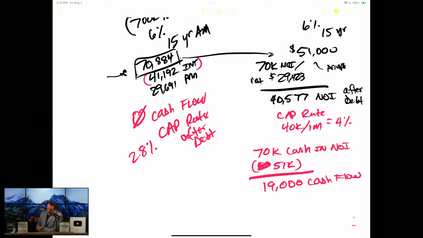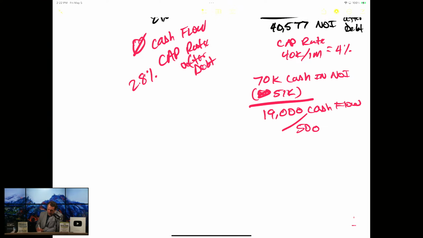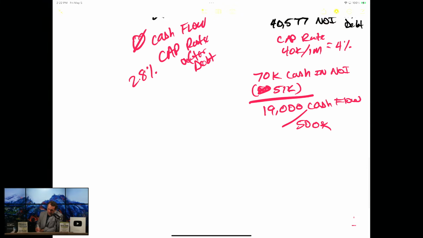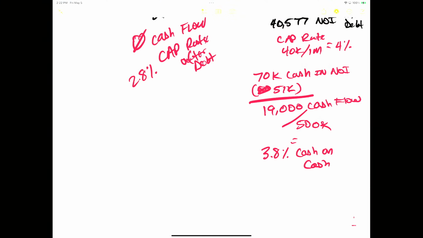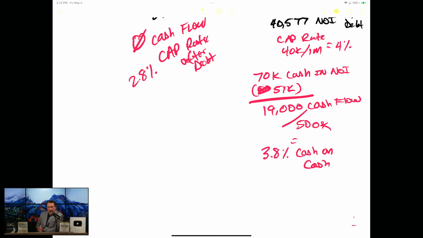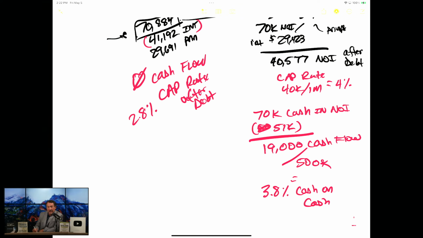And if I take that $19,000 and divide it by the cash I invested, not the purchase price, I'll explain why in a moment, $19,000 divided by my down payment gives me 3.8% cash on cash. So if I take my money and put it in, let's say, a money market account, I might get 4% or more, or I can put it in this real estate deal, where I'm going to make 3.8% just on the cash on cash, but I have a 4% cap rate overall, even after my debt service.